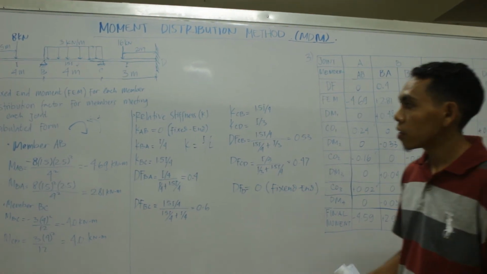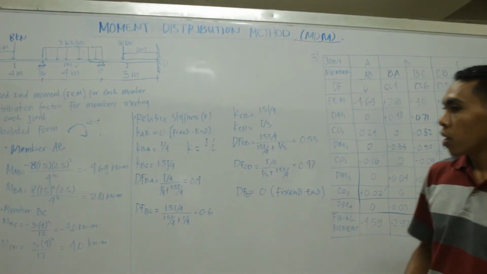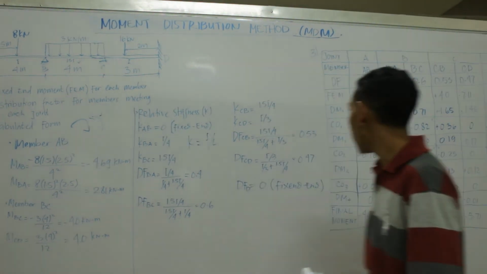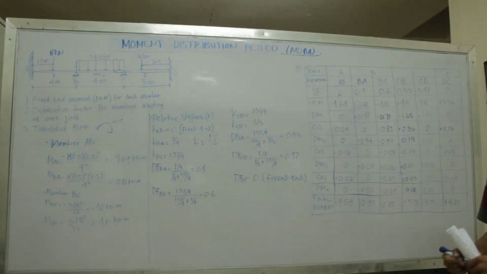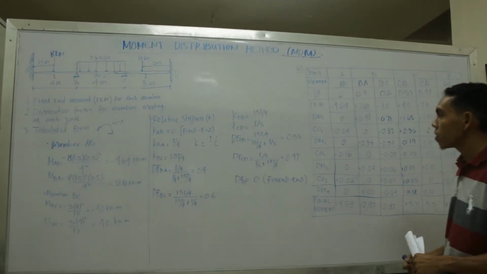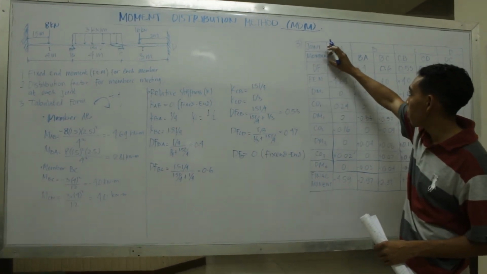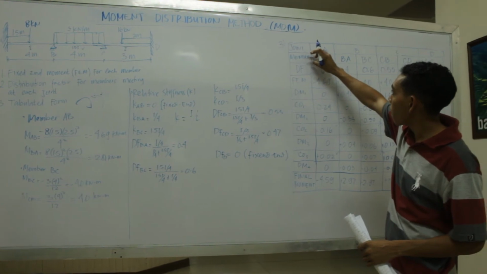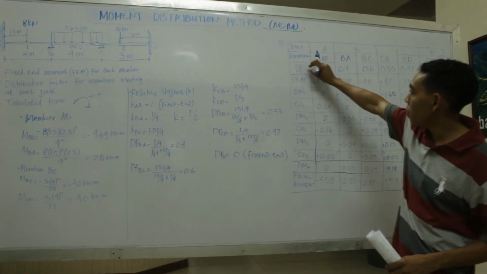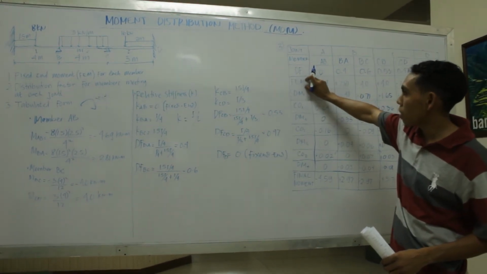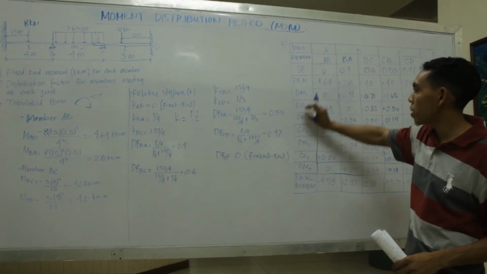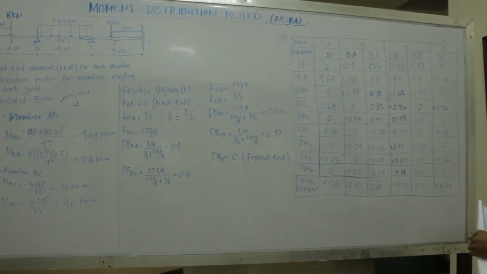The third step is to make a tabulated form. So here we have the table with the values. The first column is the joint and member, then the distribution factor, then the fixed end moment and CO, the carryover.